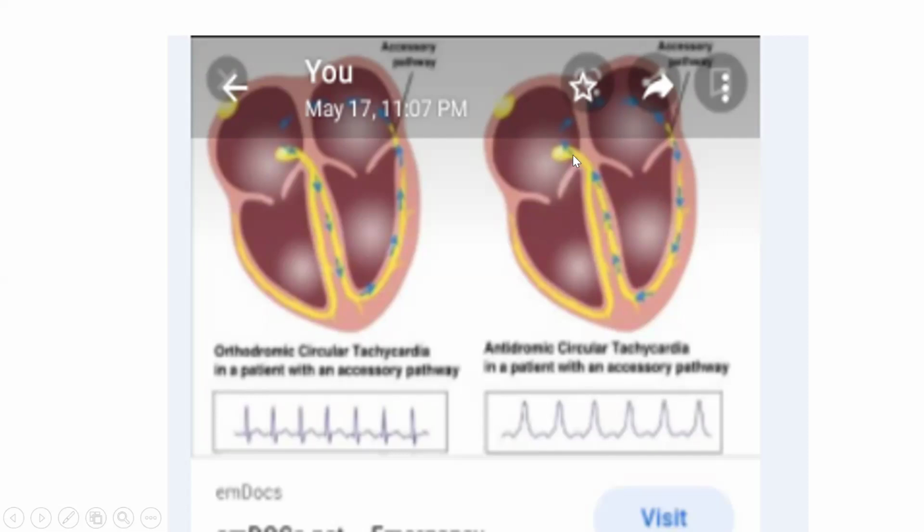And so it uses the bundle branches, the HIS, and the AV node as a retrograde conductor back to the atrium.